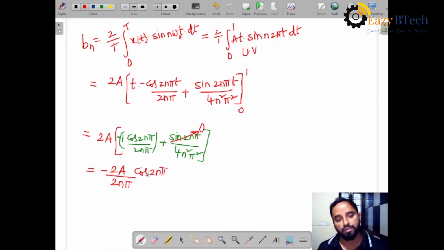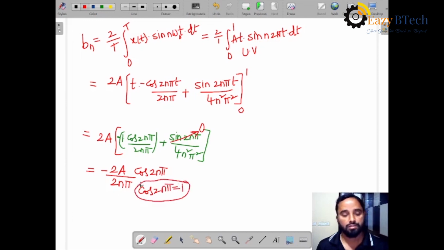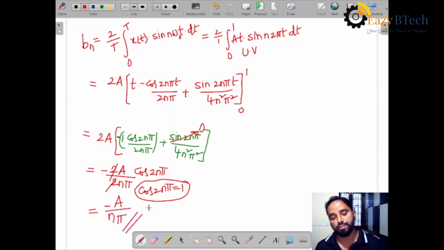That's all. Cos 2n pi we already discussed, it is always 1. So by this, what is b_n? Here the 2 gets cancelled. Minus a by n pi. This is b_n, minus a by n pi.